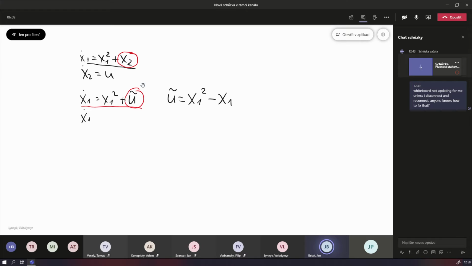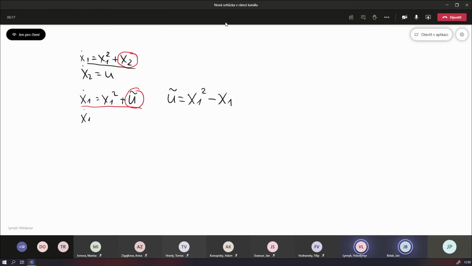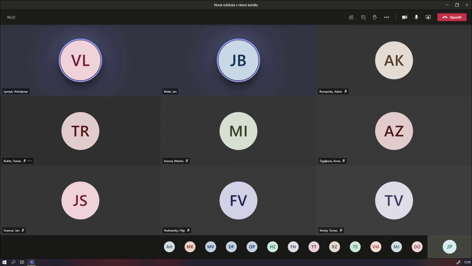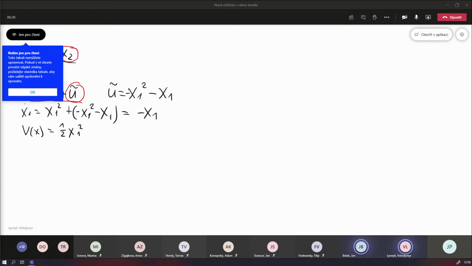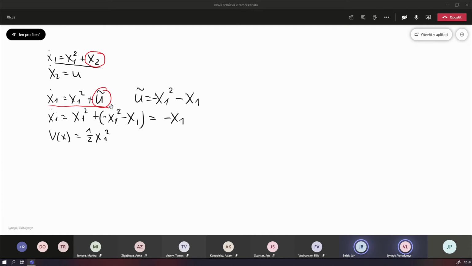Only when we disconnect and reconnect to the call can we see what has changed. I'll try to stop the whiteboard and reopen it. Okay, maybe now it will be okay. Do you have any question on this step?